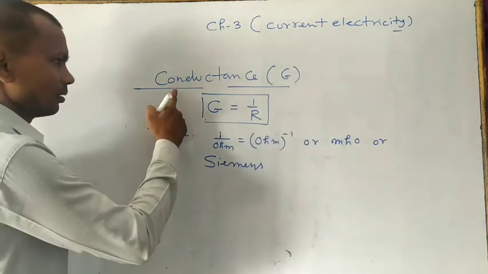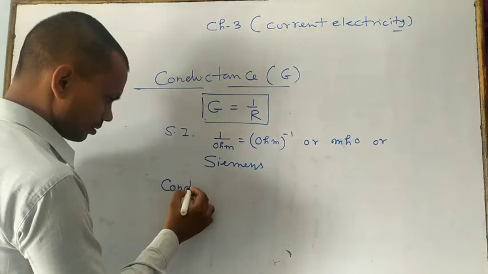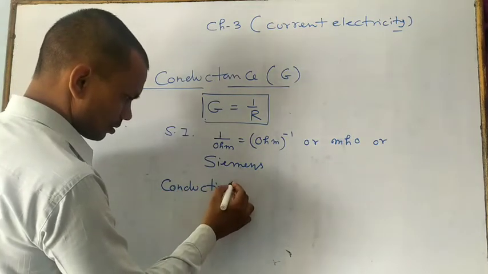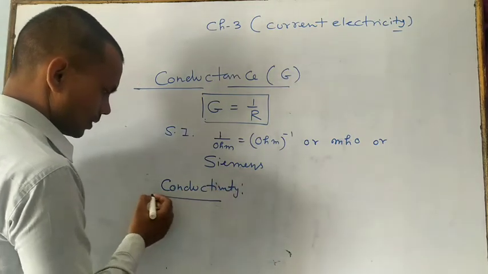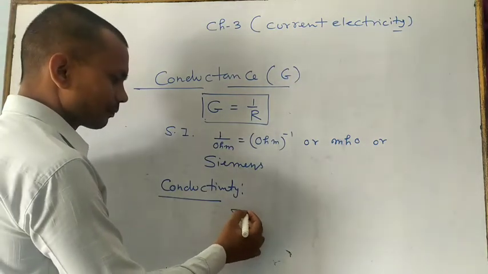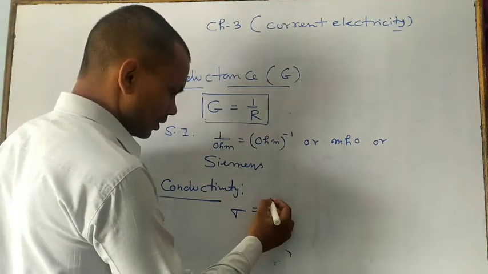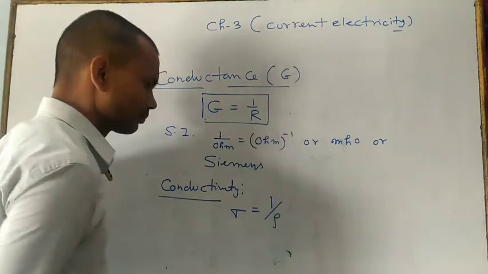Now after the conductance, we are going to define conductivity. Conductivity is represented by sigma, and this is the reciprocal of resistivity, means 1 by rho.